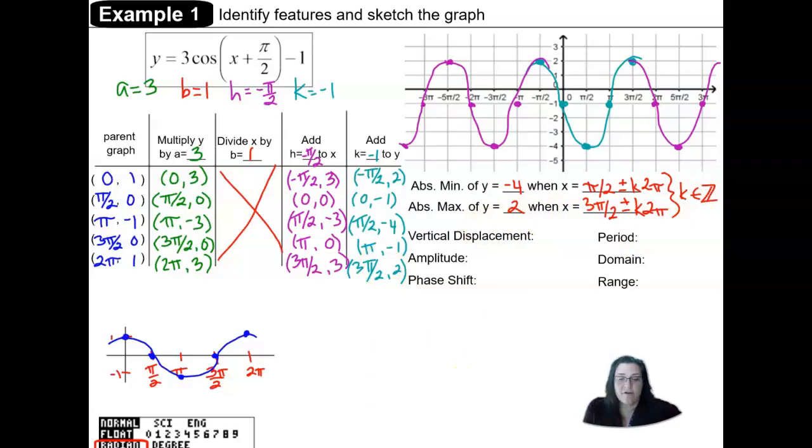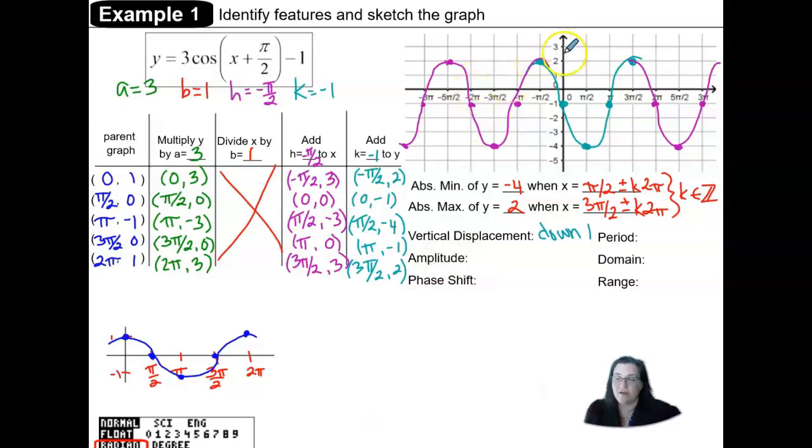So our vertical displacement, that was the k, and our k value was a negative 1. So this went down 1 unit. The amplitude, that's half the distance between the absolute max and the absolute min.